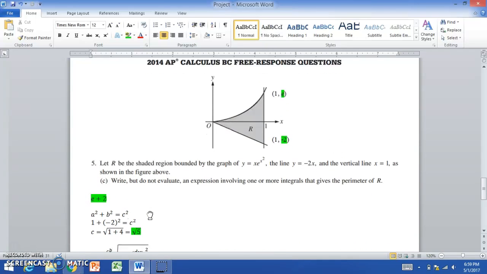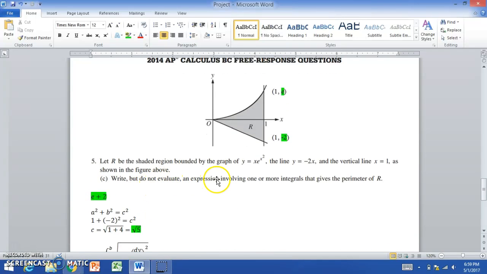For C, write but do not evaluate an expression involving one or more integrals that gives the perimeter of R. Now, a helpful way to find the lengths of the sides is by finding the intersections, the intersecting points. Now we know that this vertical line is equal to 1.